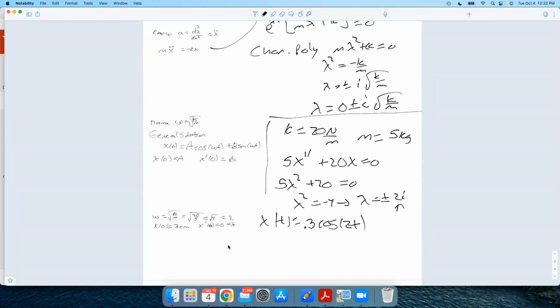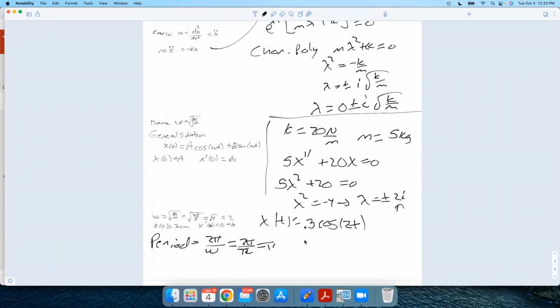So omega here is my angular velocity. Think back to your trig class. When you took trig, you even learned this in physics, the period of a trig function is 2 pi over omega, that number right there. So 2 pi over 2 will just be pi.